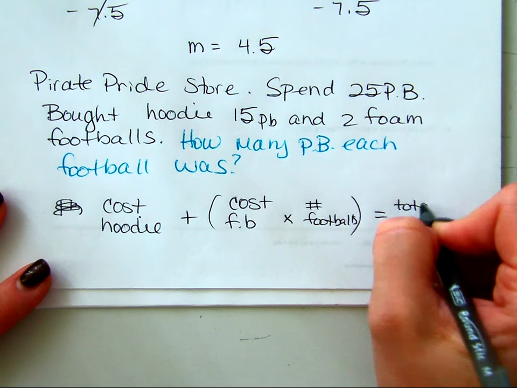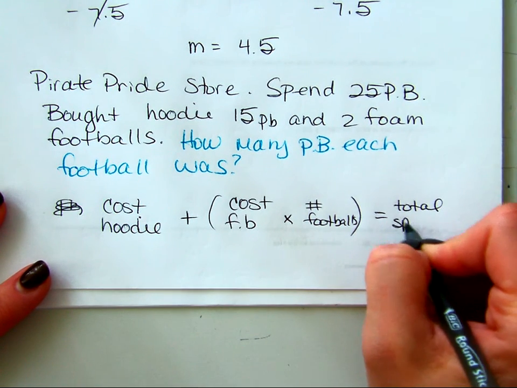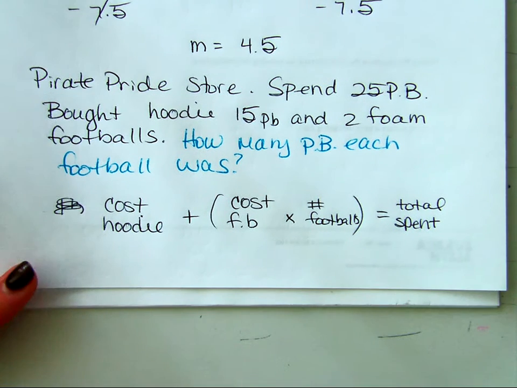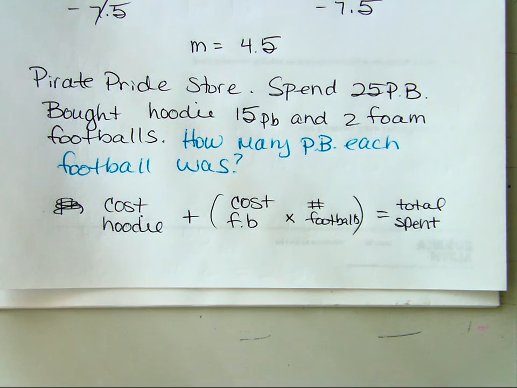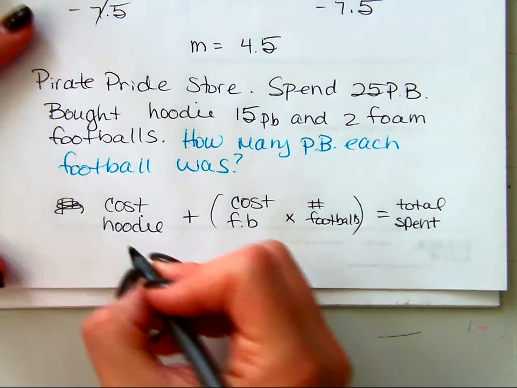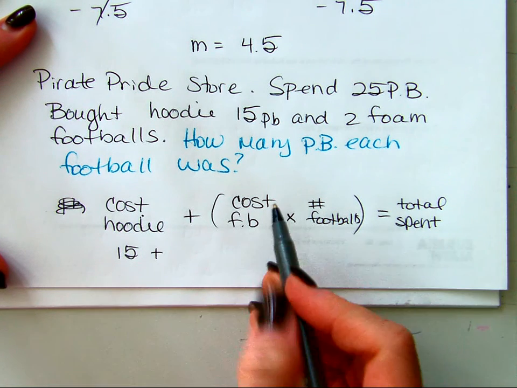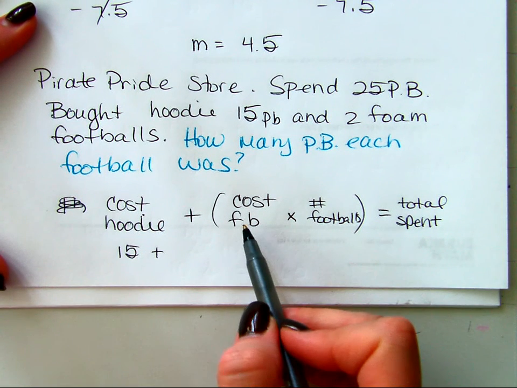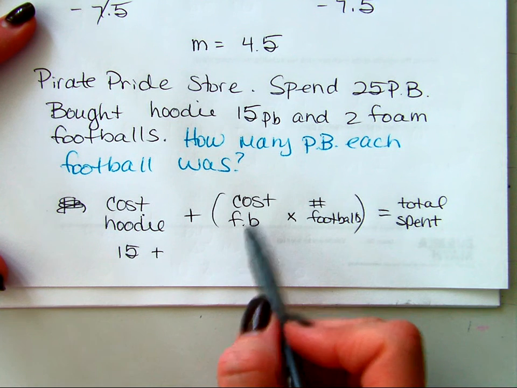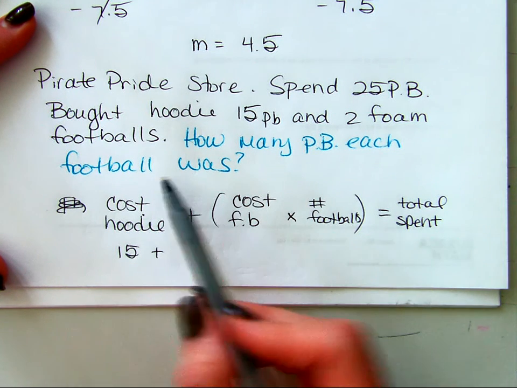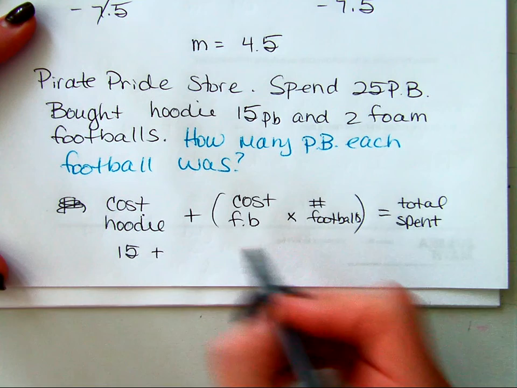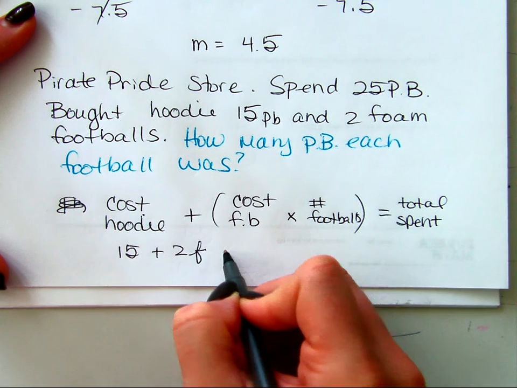And that should equal the total number of Pirate Bucks that you spent. So the cost of the hoodie was 15. And you can do this part in your head. If the cost of the football, we're going to say we're looking for the F, so let's use F. And then the number, so let's say 2F. And I spent 25.